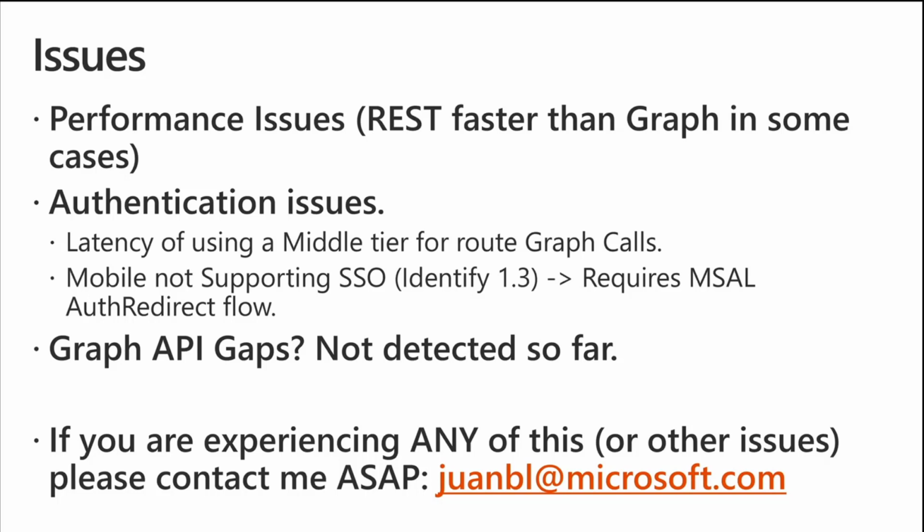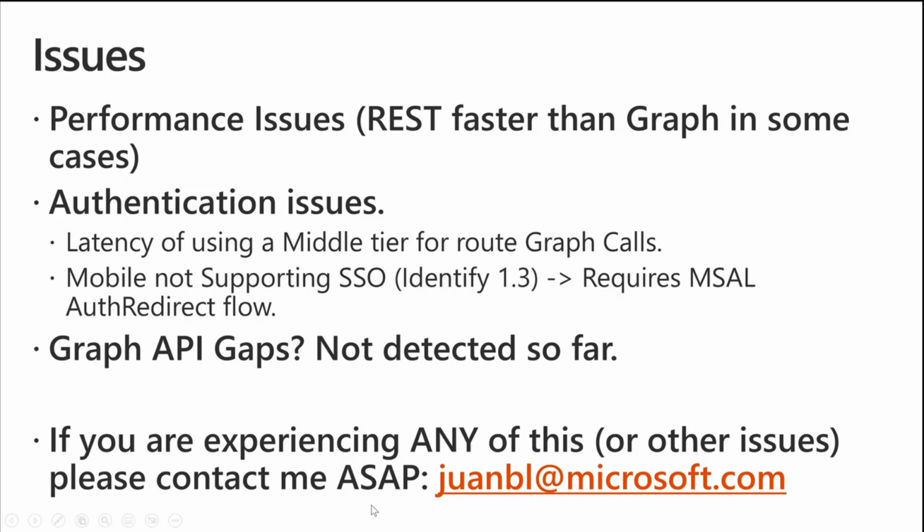So that is another factor that is causing us to think about expanding a little bit the exceptions that we are going to grant. I think we need a bit more time. I haven't had the last word again here, but we have problems with, for example, mobile. If you have an add-in in mobile, it doesn't support single sign-on today, so you will need to do an MSAL or an auth redirect flow to support Graph calls, which is not an ideal experience compared to what you can do with REST.